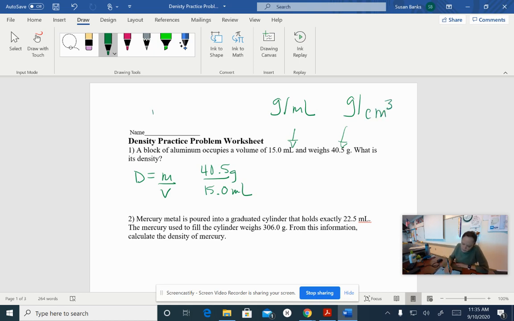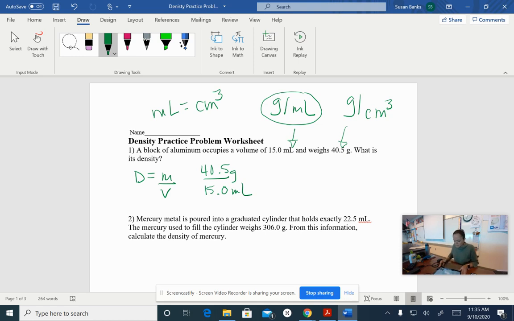Now, if you remember correctly, milliliter is a centimeter cubed. So essentially, they are the same unit. One helps us really worry about fluids, i.e. gases or liquids. And then the centimeters cubed really is what we can use really well for solids. So that's the main distinguisher between those two units.